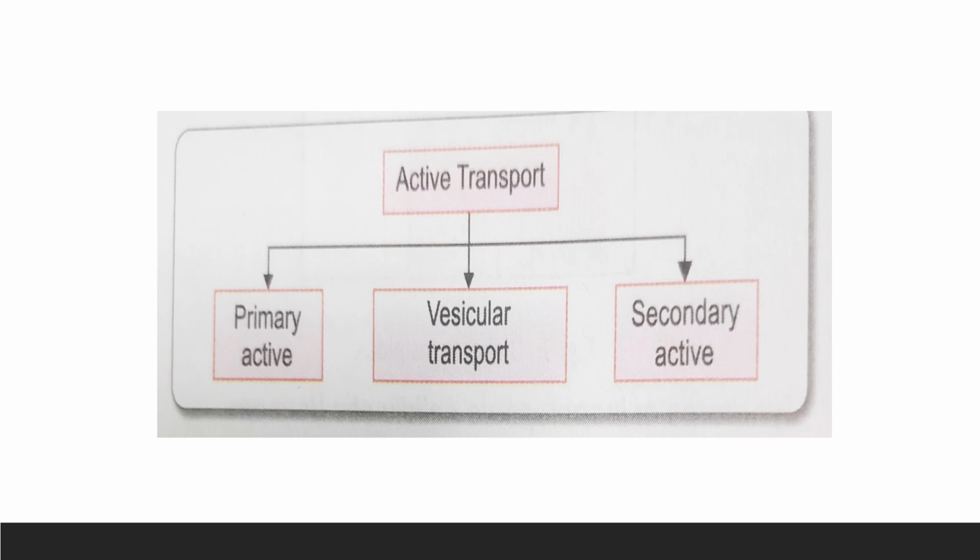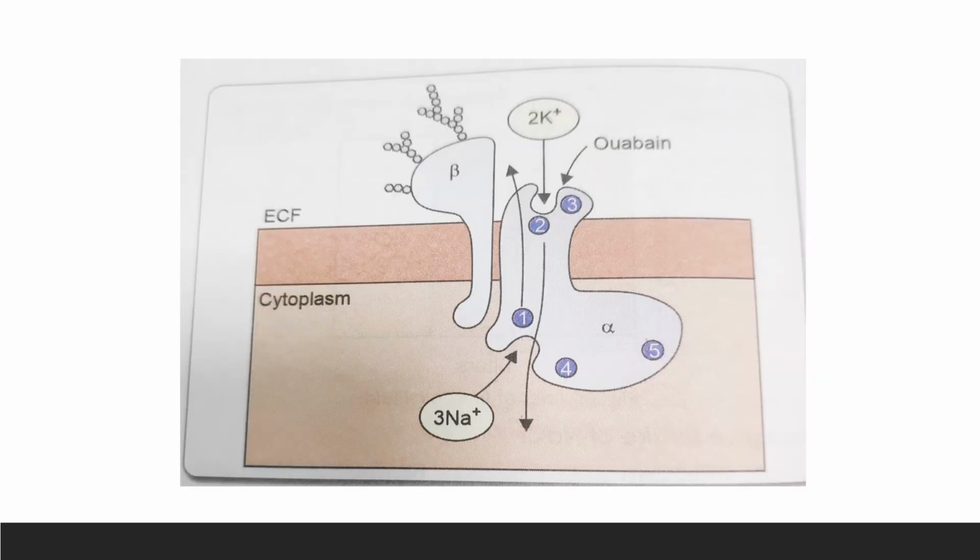Now in this video we will specially discuss the most important pump of our body, that is the sodium potassium ATPase pump. This pump uses the energy to move 3 sodium out of the cell.